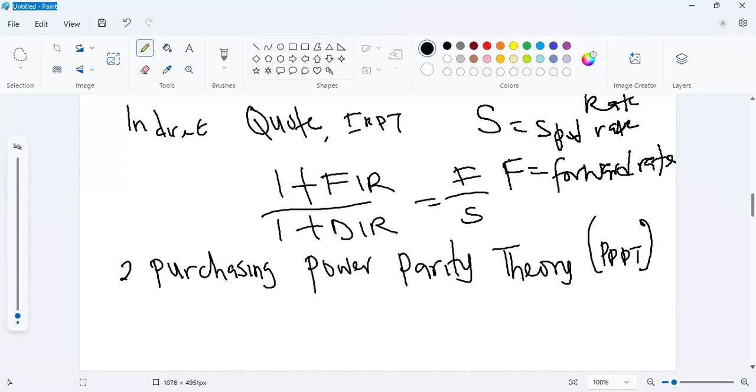A country with higher inflation rates will have its currency depreciating faster compared to a country with lower inflation rates.